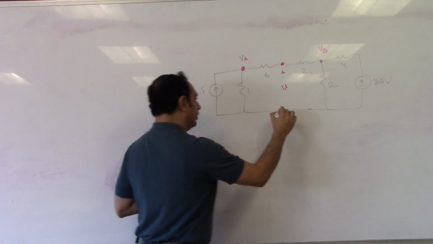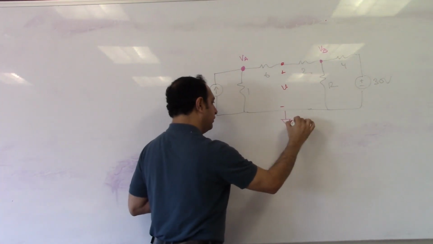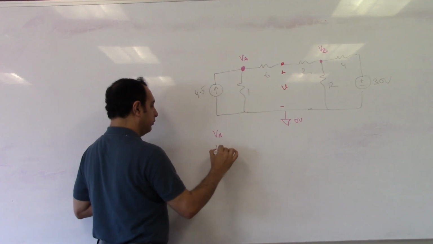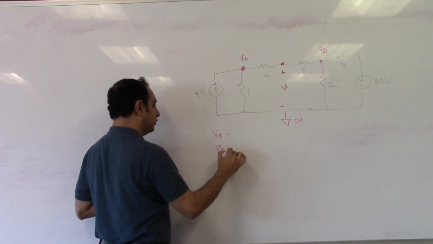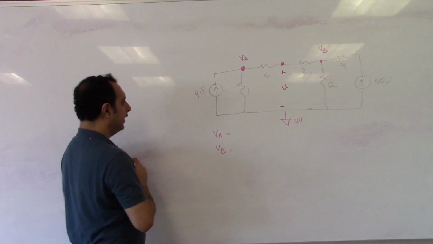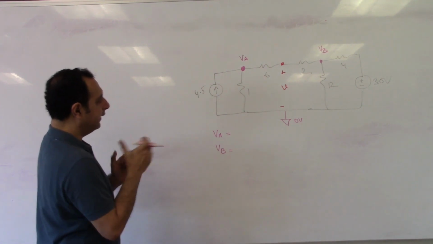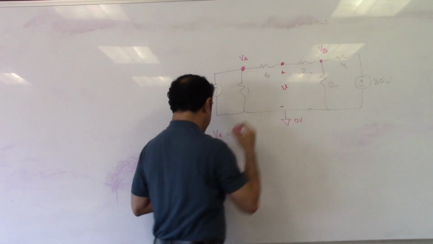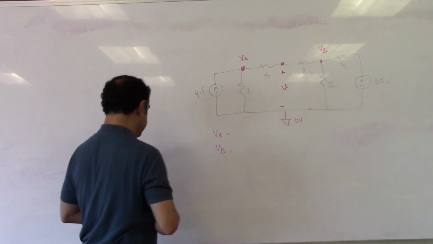I'm not going to find VA and VB for you, but you will find what VA is and what VB is. You'll write the two node voltage equations at A and B, solve them together, and then you'll find this. Let's call this Vx.